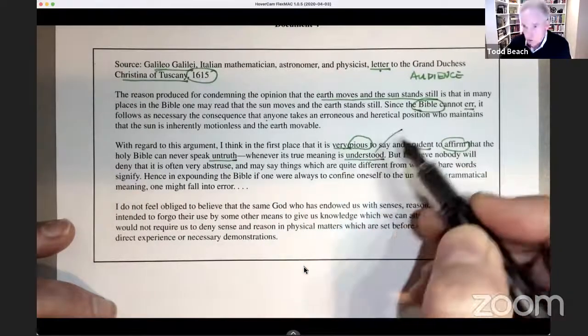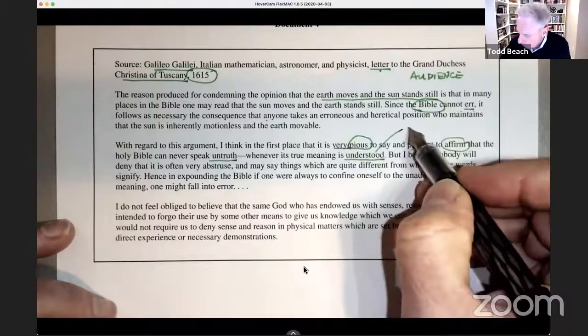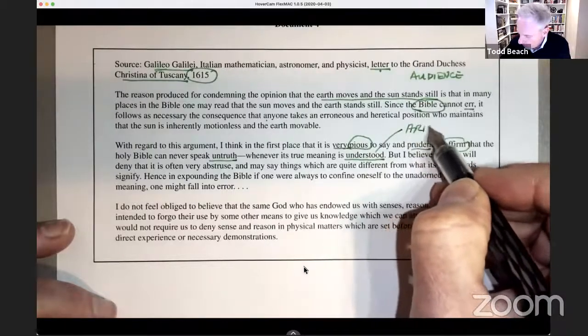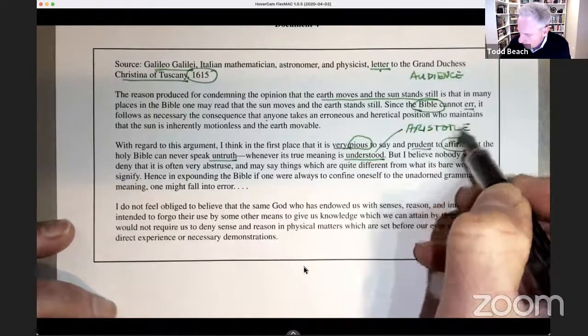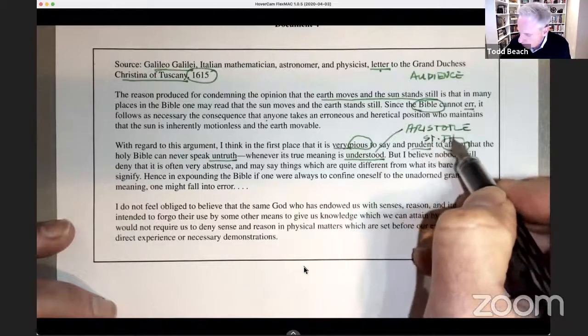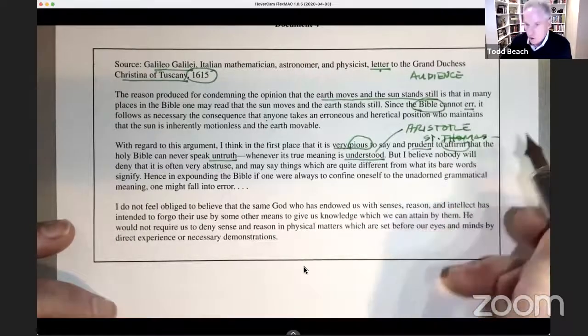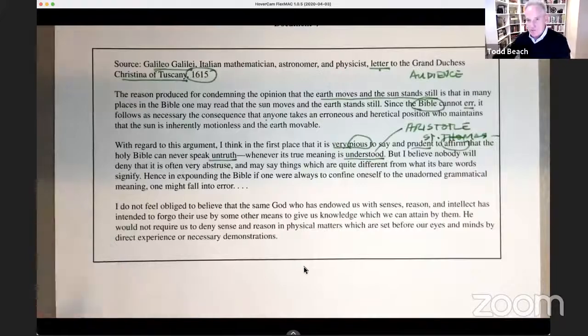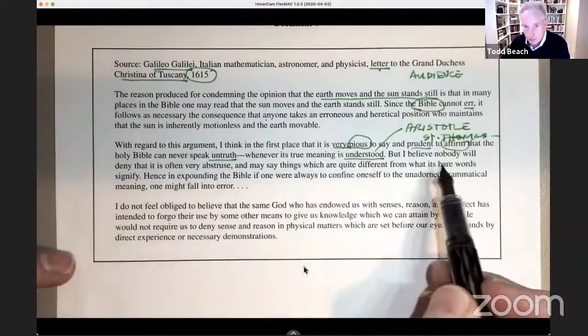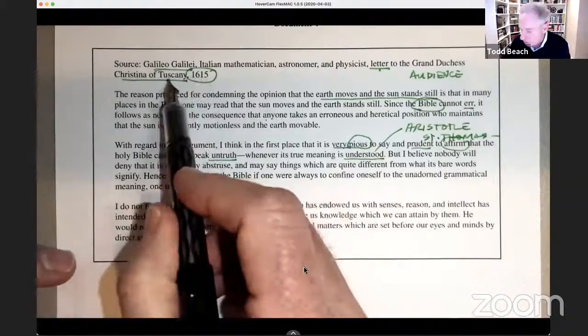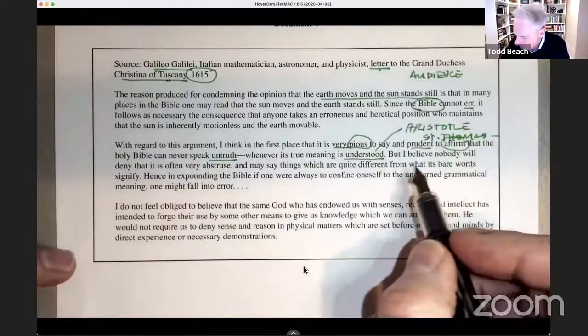So as we were just learning, and Katie taught us, all of that came from Aristotle first, and then it was Saint Thomas Aquinas, right, who went and kind of made it fit with Christian doctrine. And so he is trying to lay out this argument, and again, he's speaking to Grand Duchess Christina of Tuscany.